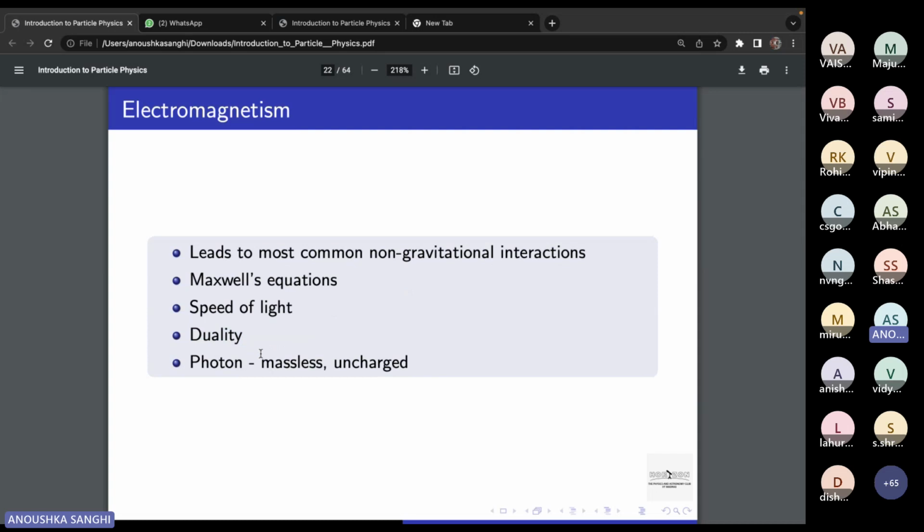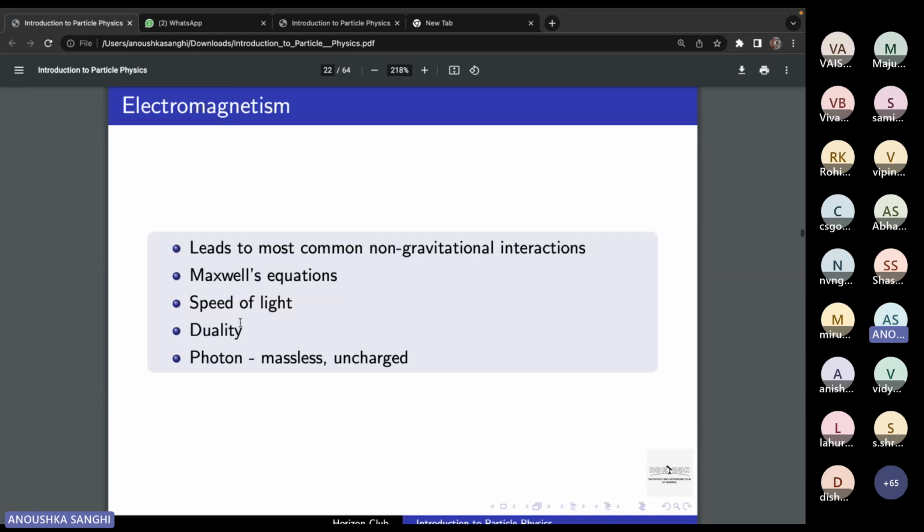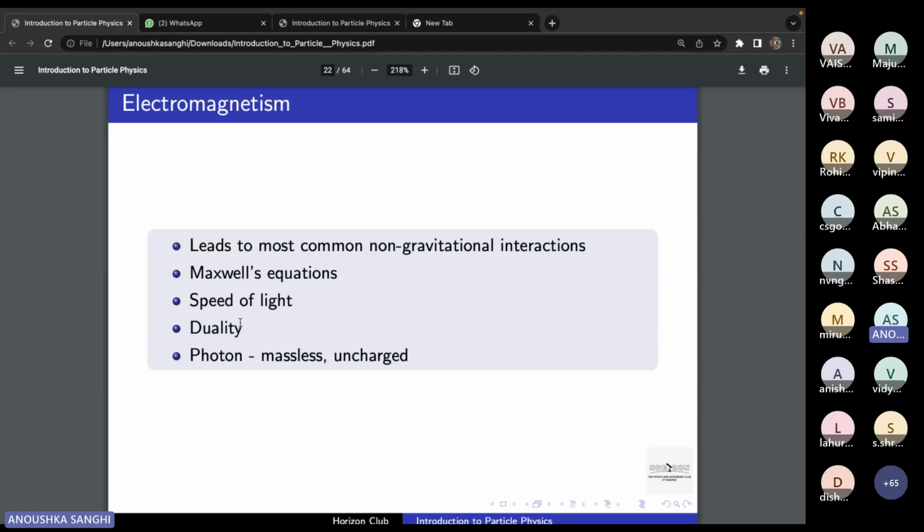And also one more thing that we talk about is that photons are massless and their spin is one. People are confused about how we define spin. Just to explain, it is consistent with general relativity and also quantum field theory.